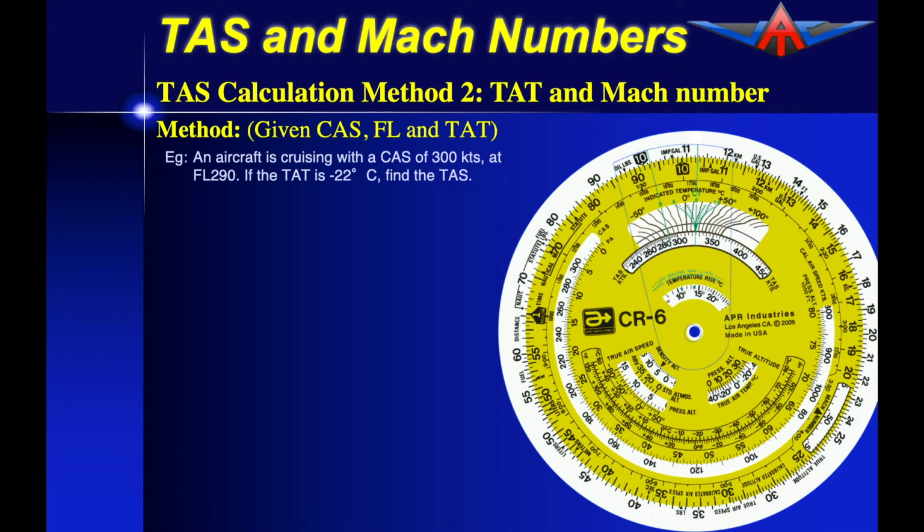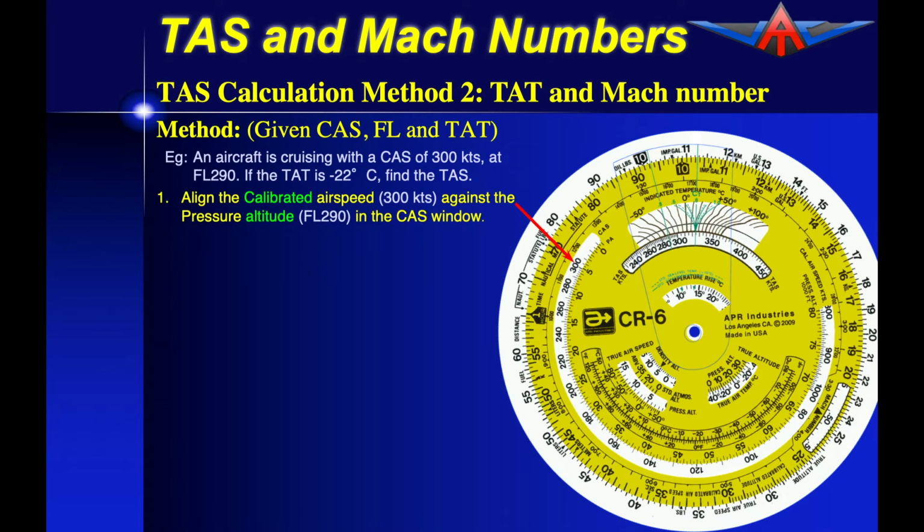Let's look at an example where we're given the calibrated airspeed, the flight level, and the total air temperature. So this is an in-flight calculation. An aircraft is cruising with 300 knots at flight level 290. We have a TAT of minus 22. Find the true airspeed.